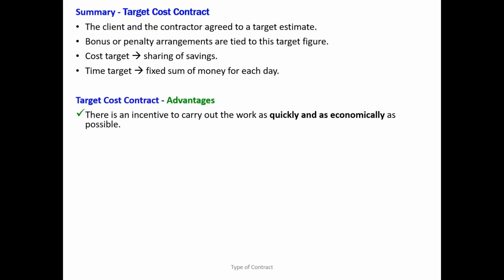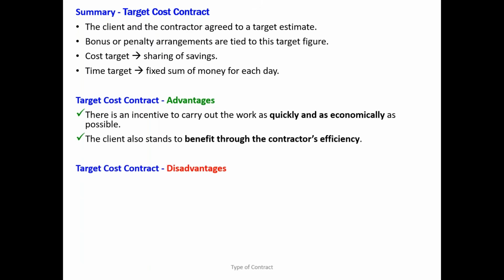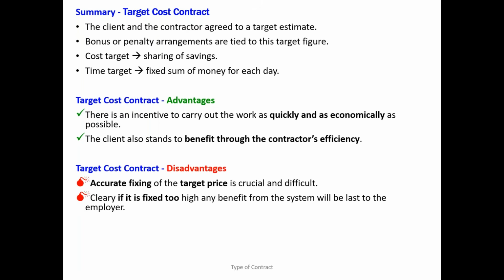So what is the advantage in the target cost? If the contractor does things economically, he will get some kind of benefit, and it increases the contractor's efficiency. But there are still disadvantages. Fixing the target price is difficult. If you change the scope of work, that's going to be another problem. You have to change the target cost again.